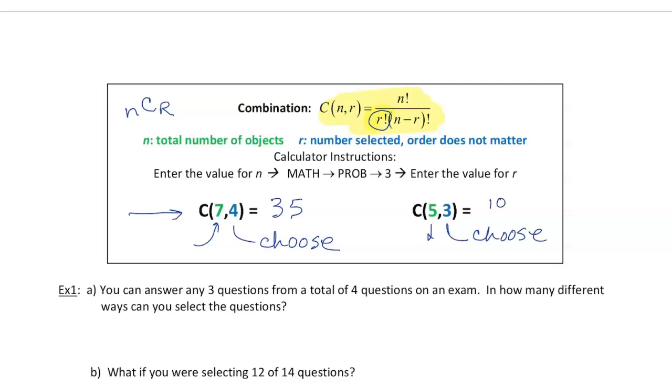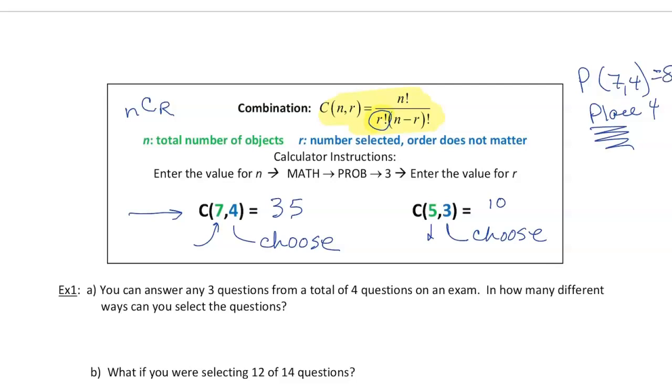Okay, so just for contrast, look how I word myself now. I have 7, and I place 4. And when I place, order matters. So I'm going to go back to my math, go across the top, and compare the numbers. I'm going to go to nPr, and I'm going to place a 7 and a 4, and I get 840.